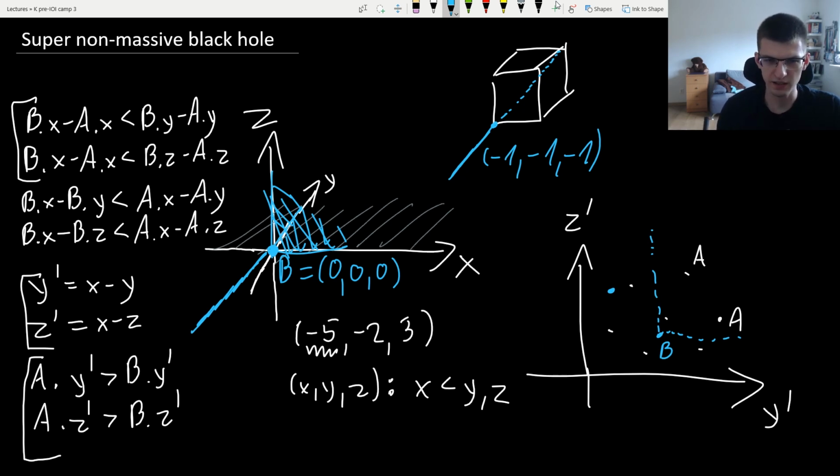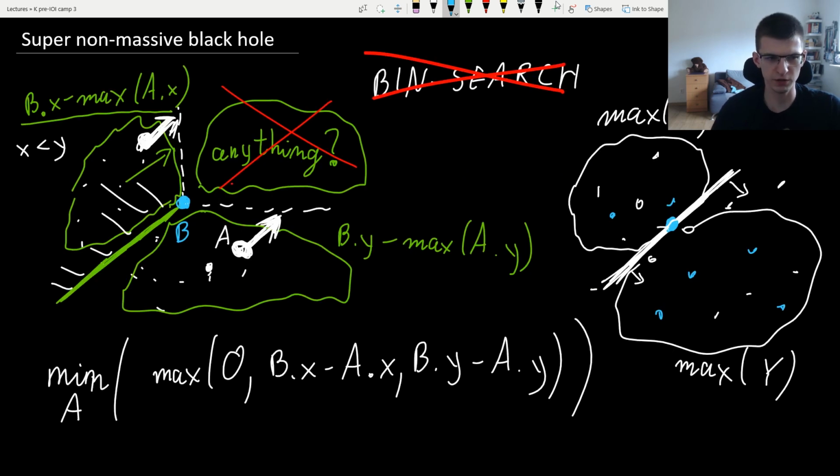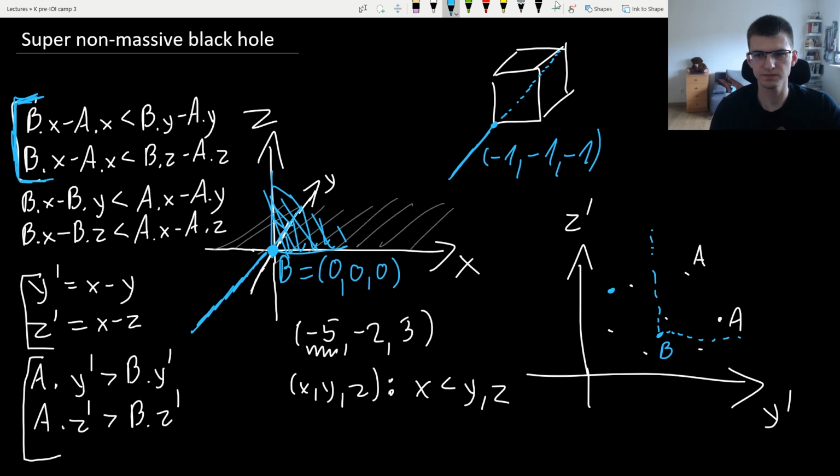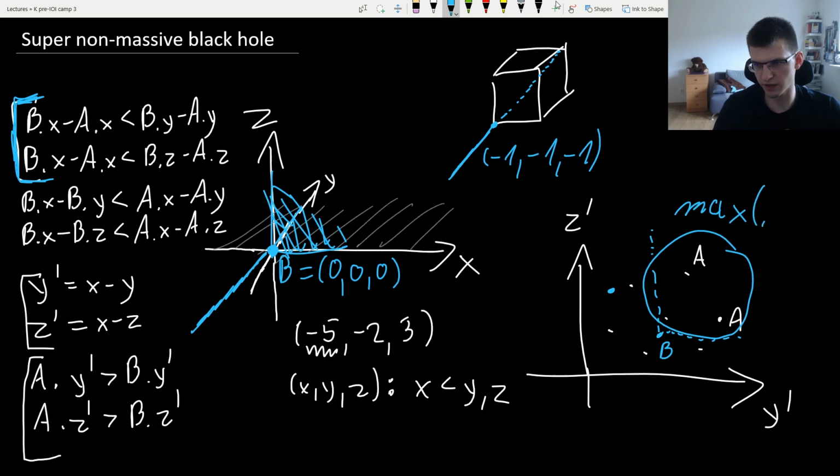Those are points A that are in the first of three parts. Those are in the part where those two inequalities are satisfied, which means x coordinate is the most important one. In the previous drawing, we had two parts, 1 and 2, and we focus on part 1, where x coordinate matters. Among those, we wanted point A with biggest value x. And we have the same thing here. Among those points A, we want max of A dot x, and the x coordinate didn't change.